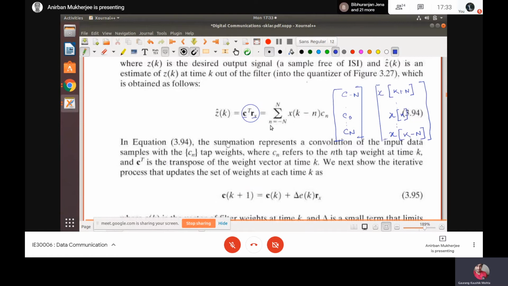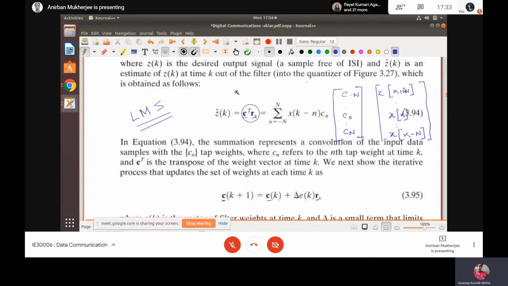Now if you do a little bit of minimization, because I told you this is the LMS filter, your C_{k+1} will be, at each k, remember this is a vector, that means I am updating a vector.